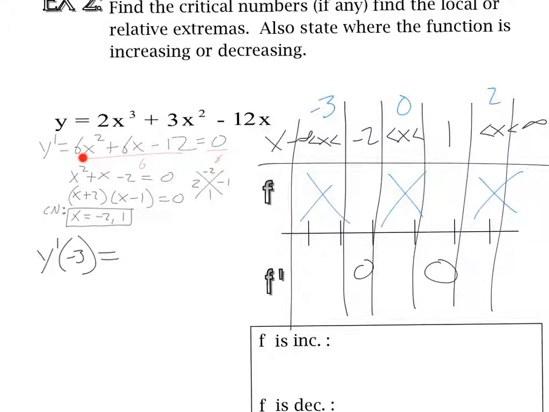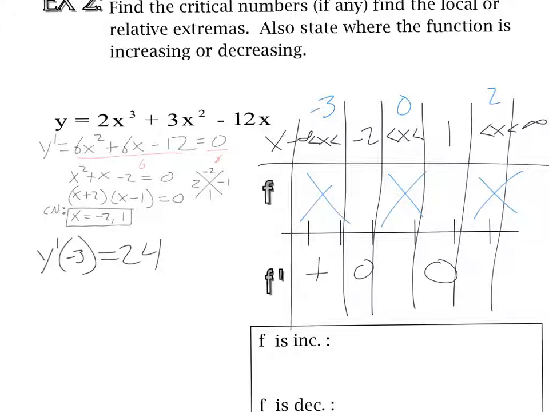I would plug this into my calculator and then use the table function to plug values in really quickly. I'm typing in 6x squared plus 6x minus 12, and I'm going to my table feature, and I'm just going to plug in -3. And when I plug in -3, I get 24, which tells me this is positive.